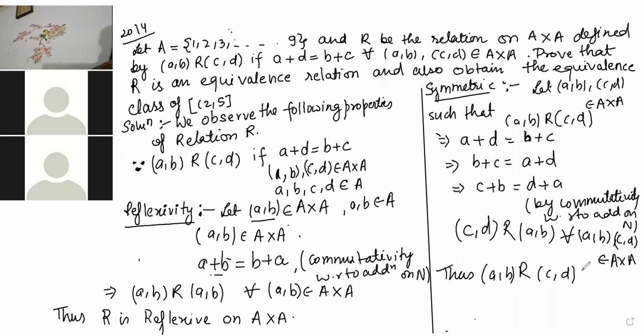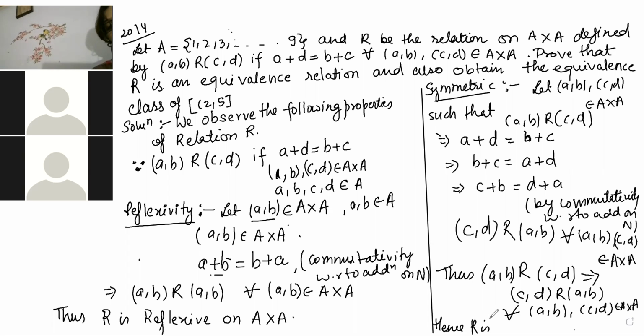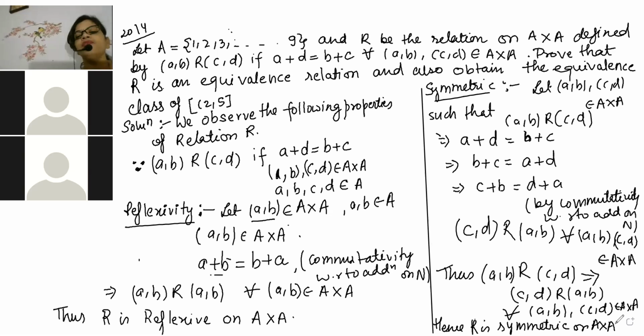Then sign we will put CD is also related to AB, for all AB comma CD belongs to A cross A. Hence, R is symmetric on A cross A. Okay, beta. So proving the symmetric part is very easy. So we have proved the symmetric part.